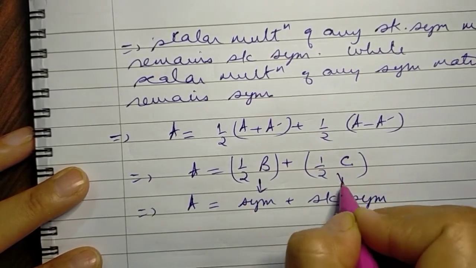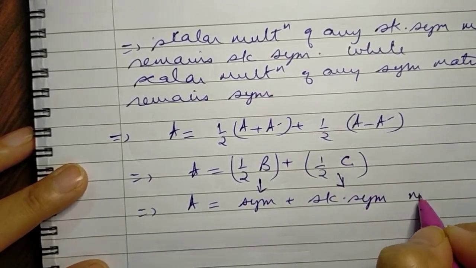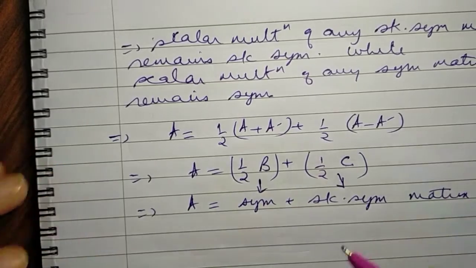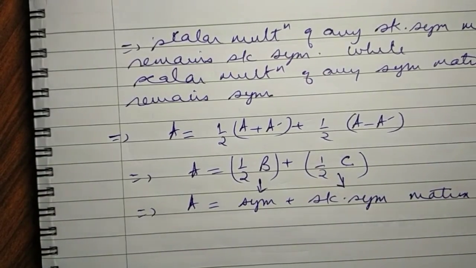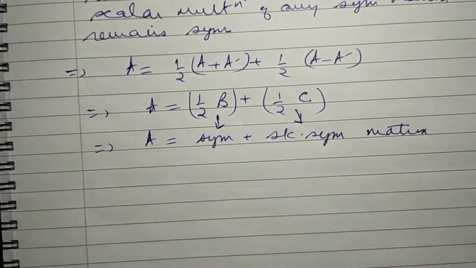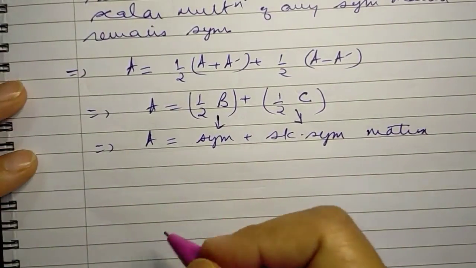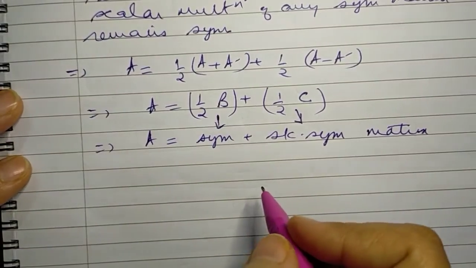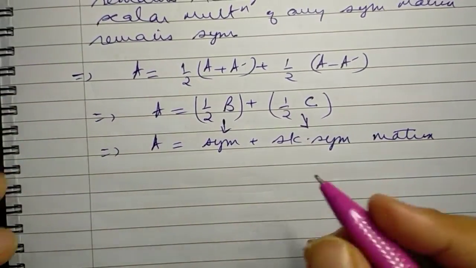This is a symmetric and this is a skew symmetric matrix, hence proved. And since A was any general matrix, we can do it for all. So let me just take a simple example. I'm taking a 2 by 2 matrix to show it, and the same thing can be done for a 3 by 3 also.